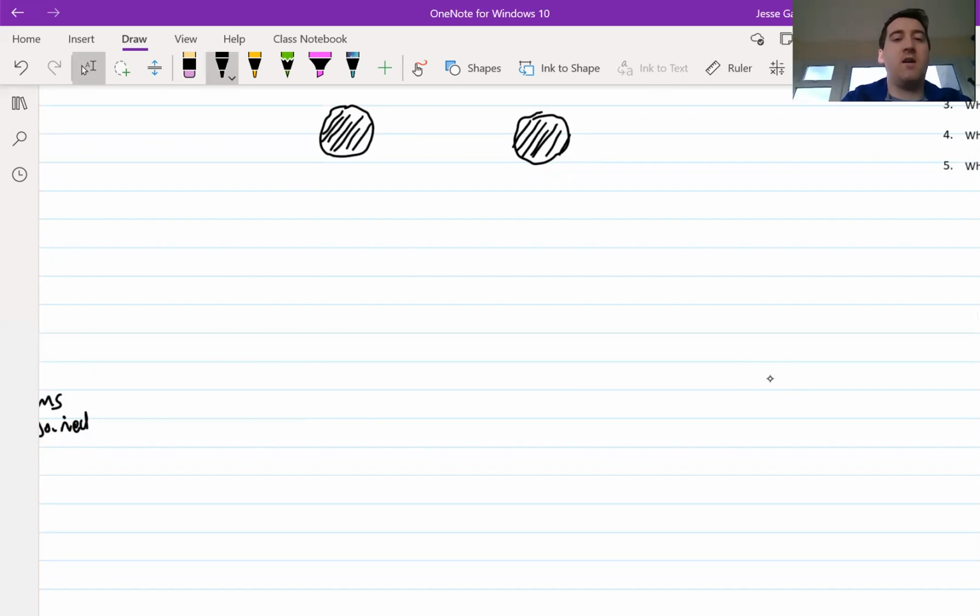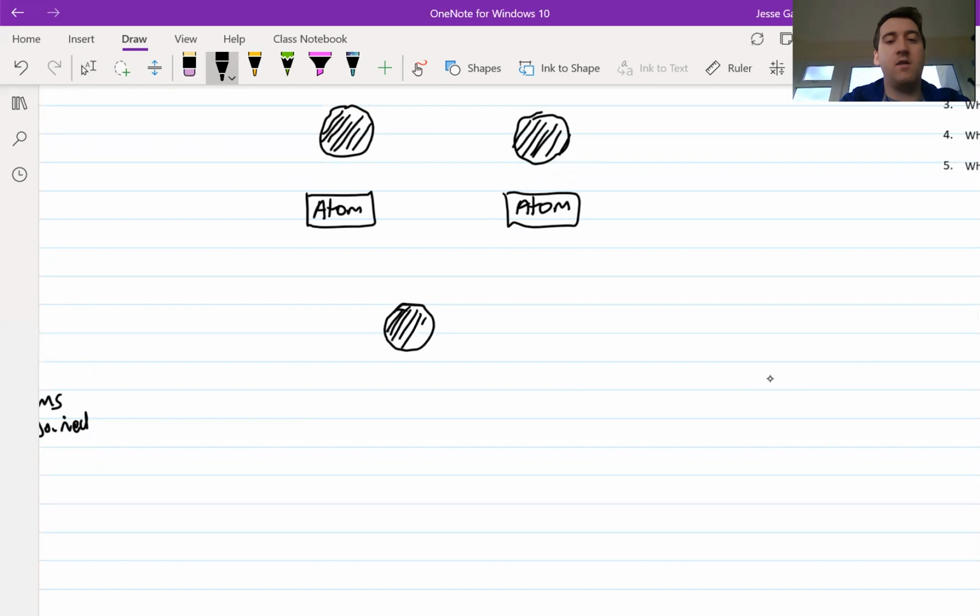You should be saying an atom. Each of these is an individual atom. They join together, and they make a new type of particle. Two of these atoms, the same pattern, join together to make a new type of particle.